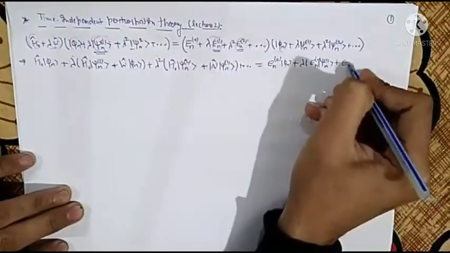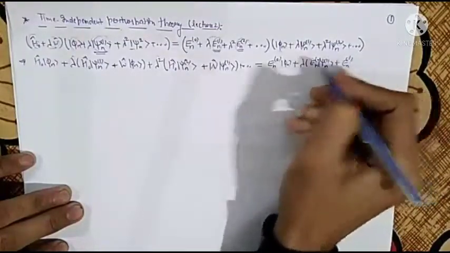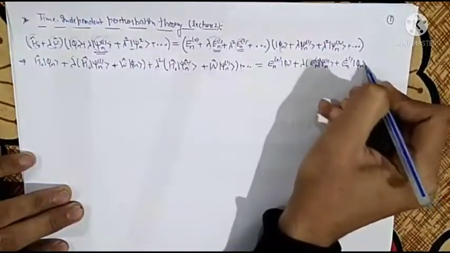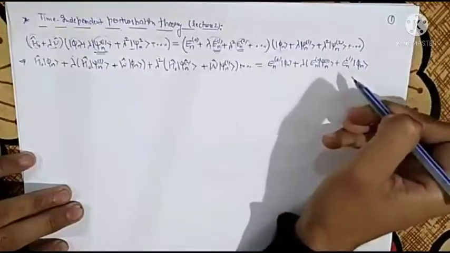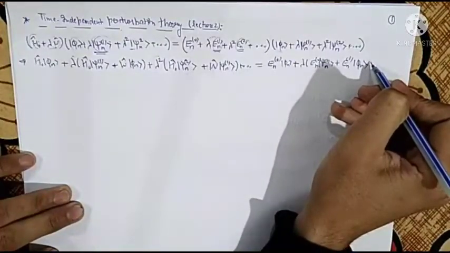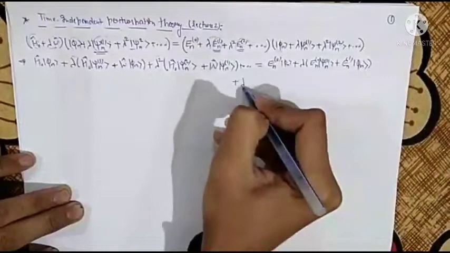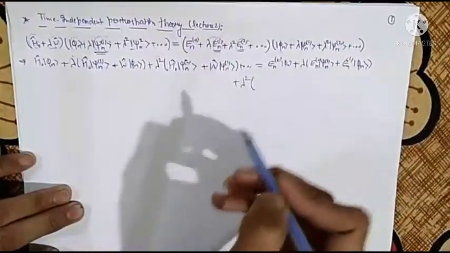So it will be E n1 multiplied with phi n, right? One more coefficient of lambda square.